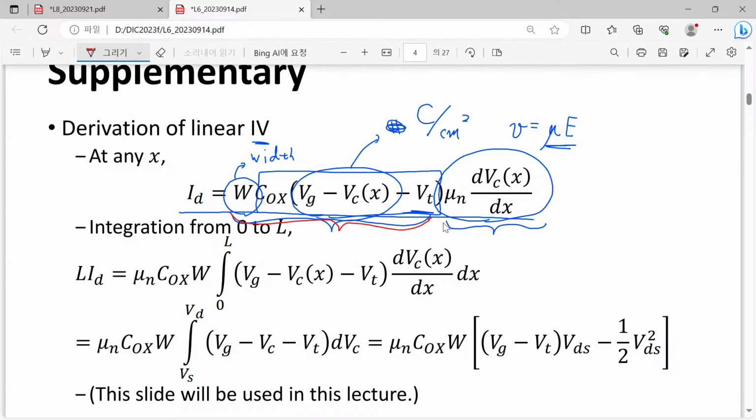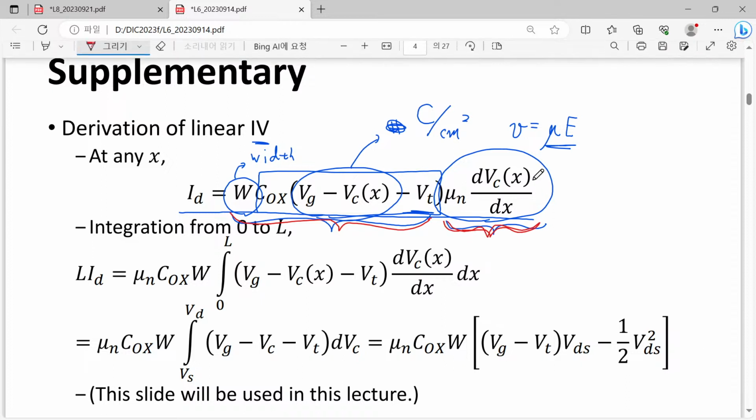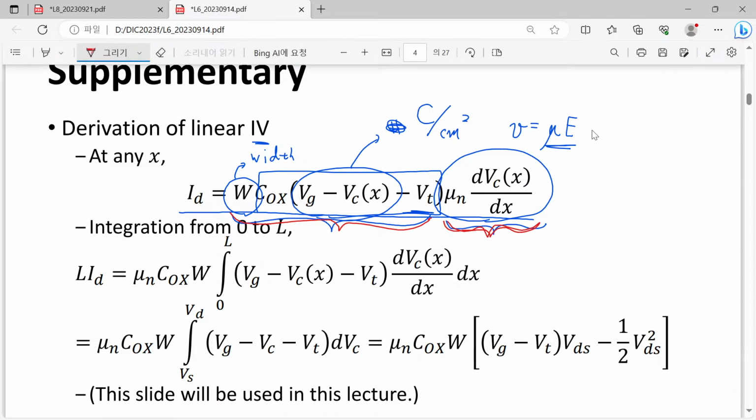So we must correct this form to have a modified expression. Instead of just mere mu times E, now we want mu times E divided by 1 plus E over EC.